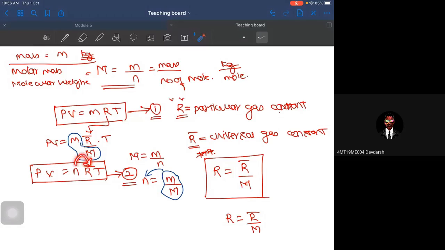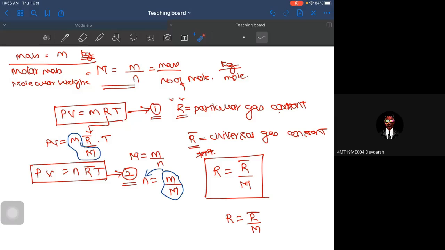In this particular topic, that is in your module 5, always have a habit of saying small n, capital N, small m, capital M, because small m has a separate meaning and capital M has a separate meaning.